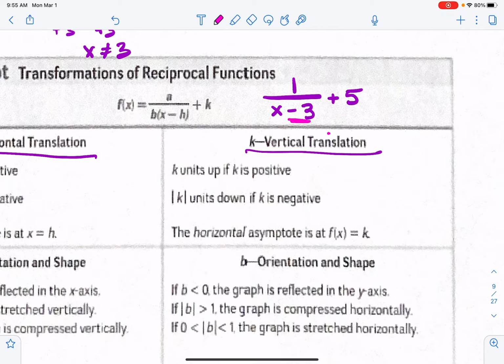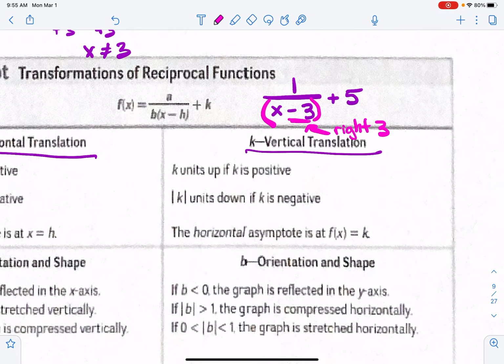This guy is kind of like in parentheses on the bottom there, and we have to figure out how he's shifted: up, down, left, right. The minus 3 is going to shift him to the right 3, okay, because we use the opposite sign.